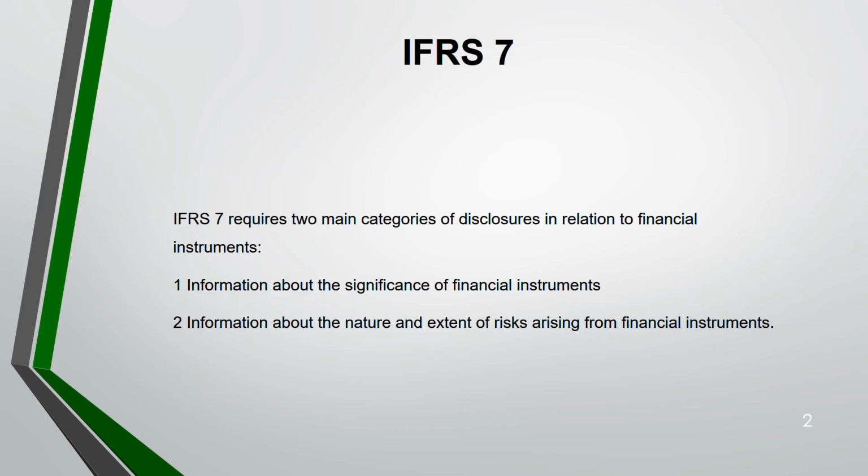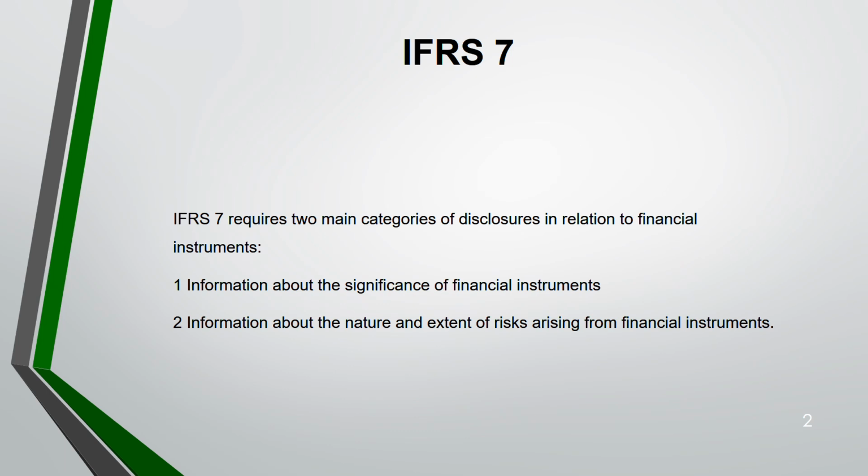Now let me tell you, one might be wondering why there are so many different standards just for financial instruments, but for other areas we have everything in one standard. The reason is because a lot of fraud that has taken place in the past is due to financial instruments, because this is a very complex area. Users often do not understand how to deal with it, and the risk is also high in this area.